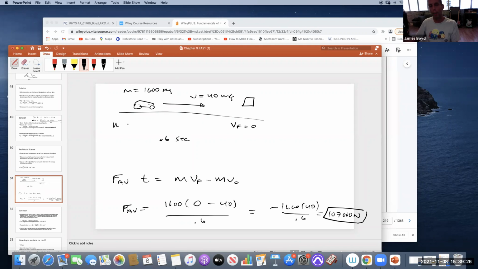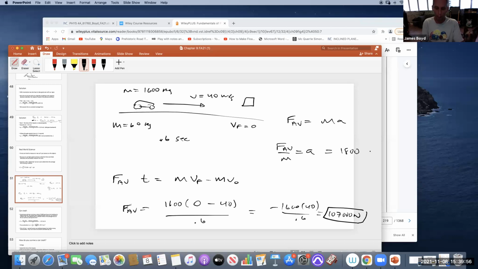Now, let's say you're the crash test dummy and you weigh 60 kilograms of that 1,600, okay? Which means that the average force on you is ma, or F average divided by m is equal to a. So your acceleration is this 170,000 divided by 60. That's about 1,800.